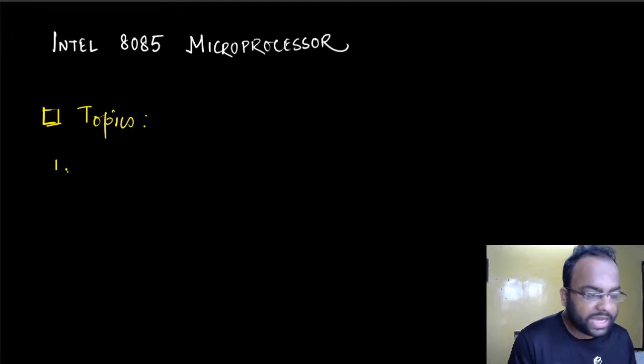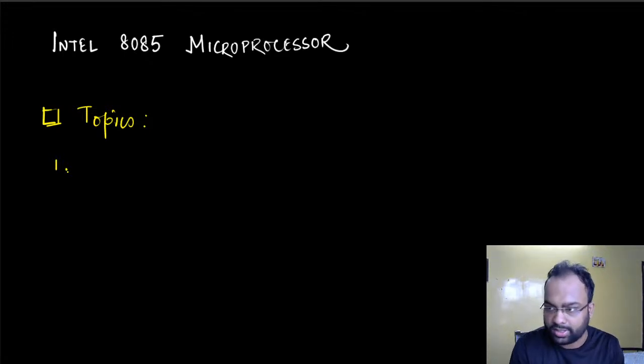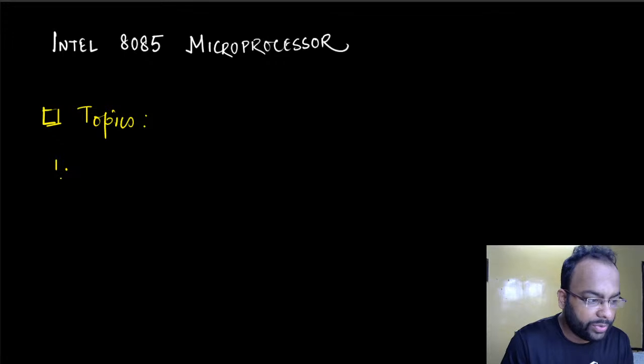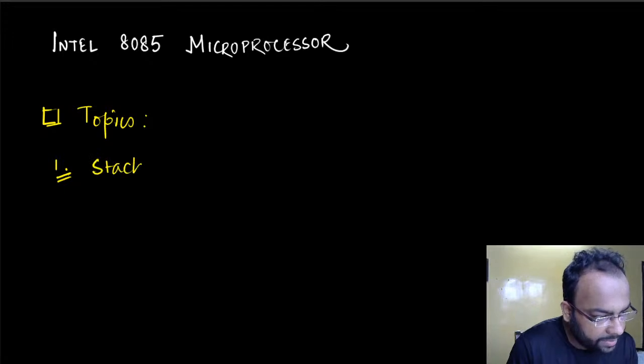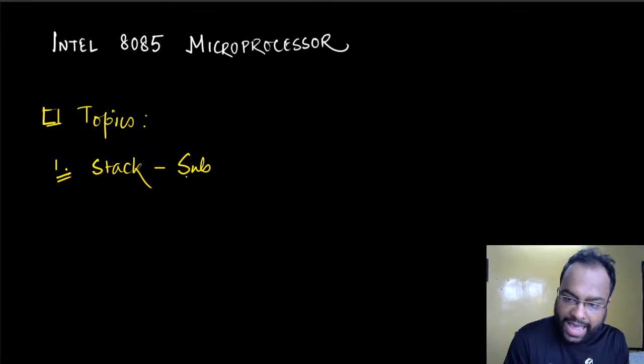So today we shall be talking about a few of the most important concepts in any microprocessor technology. In fact, this is associated quite heavily with any modern programming language as well, and we shall see how. We shall talk about something called the stack, and in association with stacks, we shall discuss subroutines.